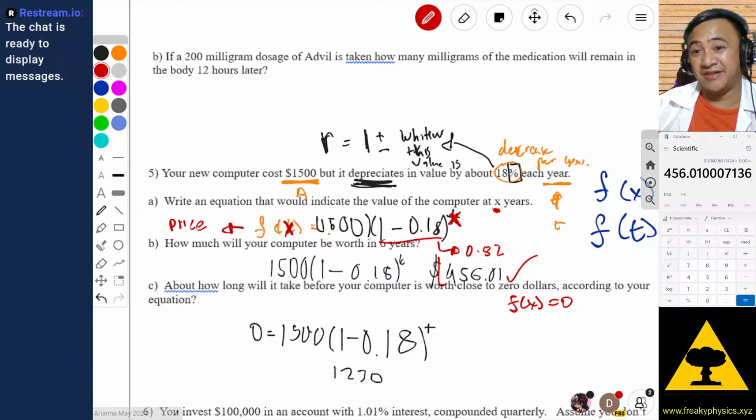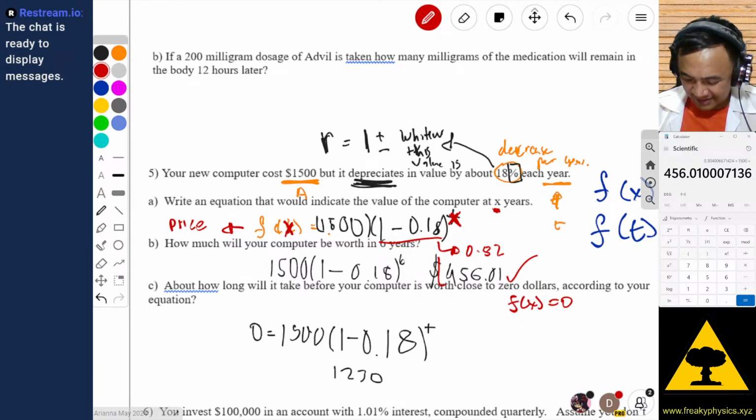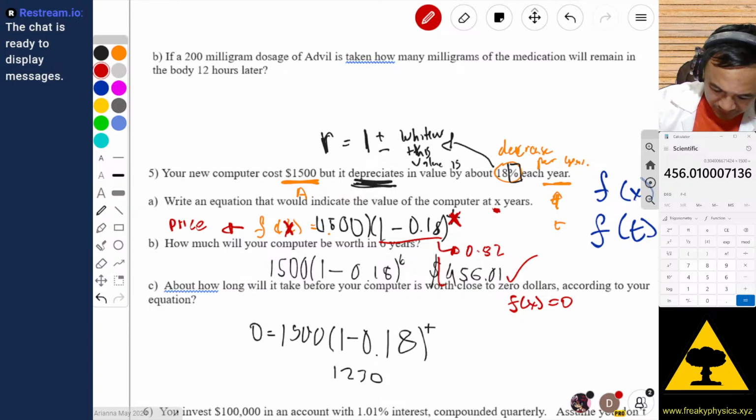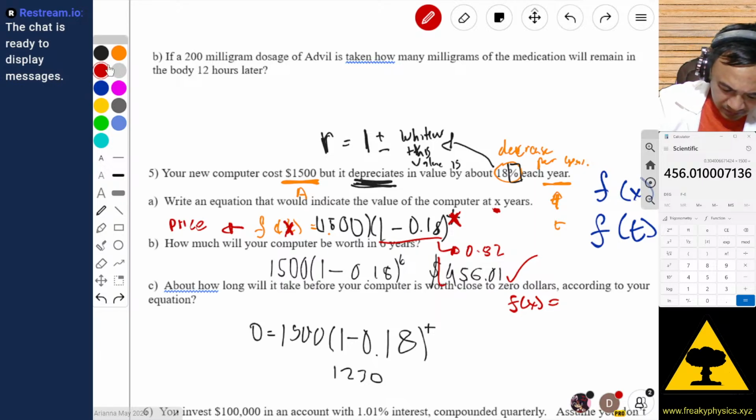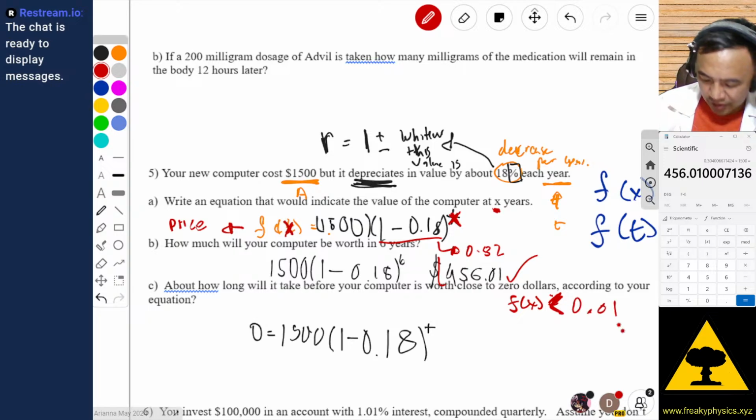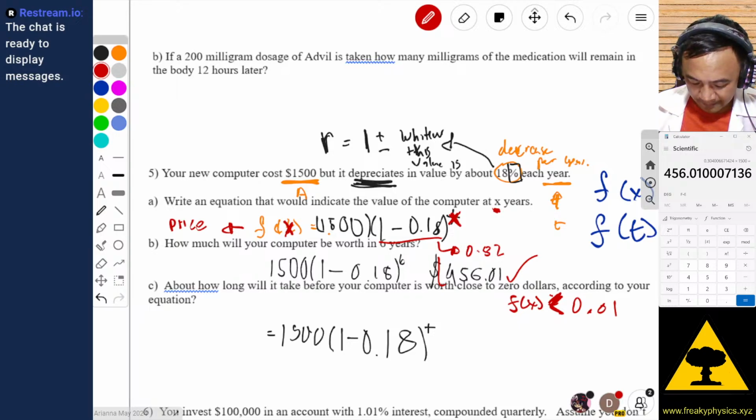It should be less than 1 cent. So I'm going to rewrite that to be reasonably close to 0, less than 0.01. That's a reasonably close 0 value, right? So you can use that value in here.